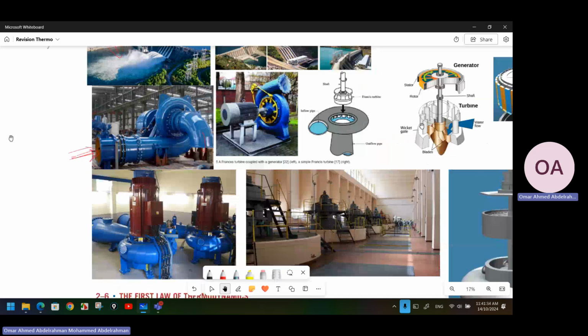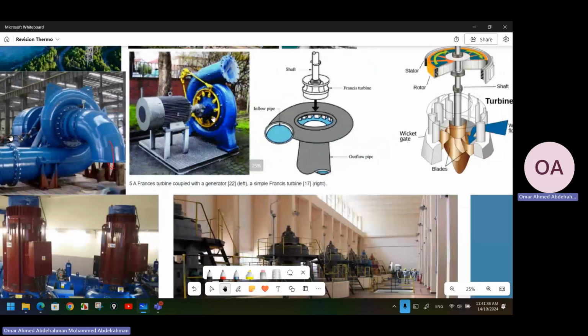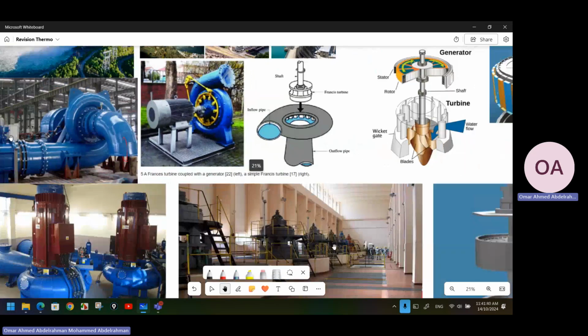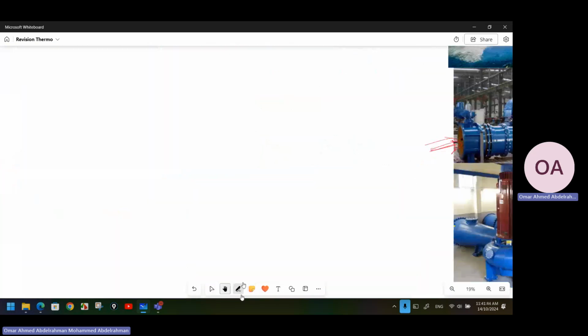You will have blades or a shaft. Let's forget about these photos. The water is coming from the lake, through pipes connected to the lake, until it reaches the inlet of the turbine. Then it will exit from the outlet.